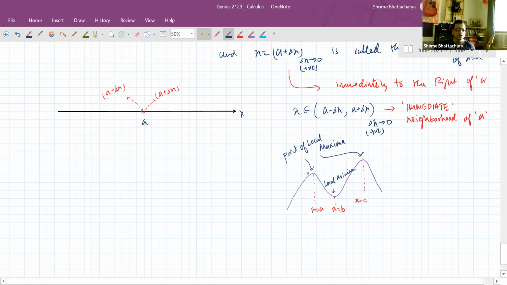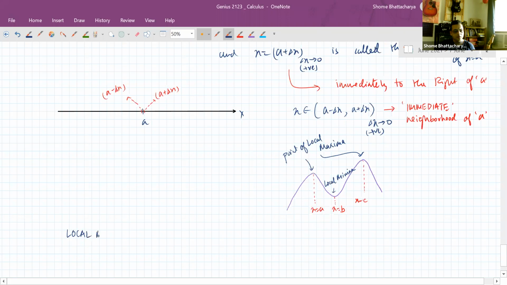A local maxima, you just remember, it's like a temporary peak. Within a neighborhood of a certain point, if the value of the function has a maximum at that given point, so within the neighborhood of A, if f of a is maximum, then it's a local maximum. Within the neighborhood of the point x equal to b, if f of b is minimum, then it's a local minimum.